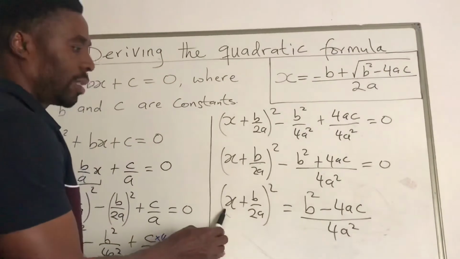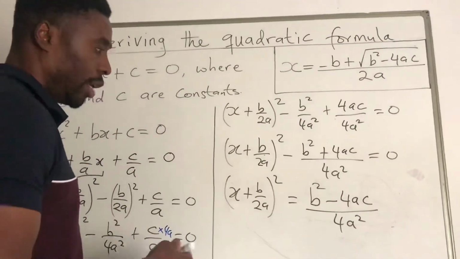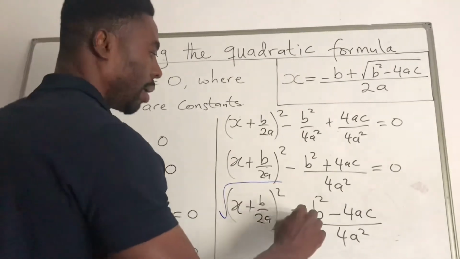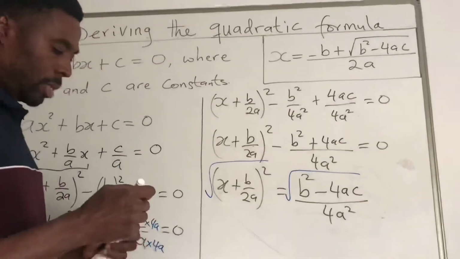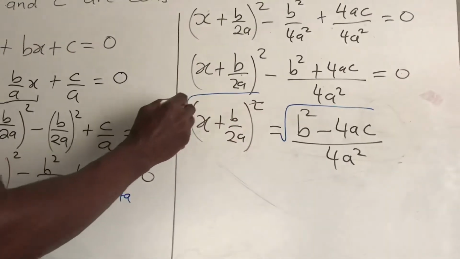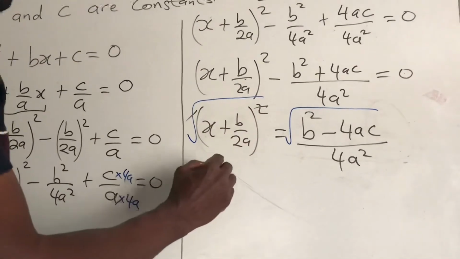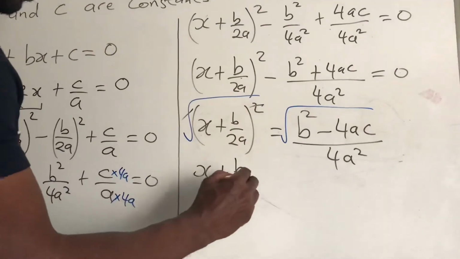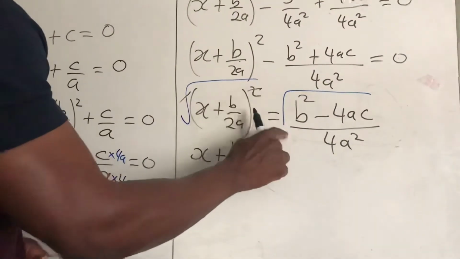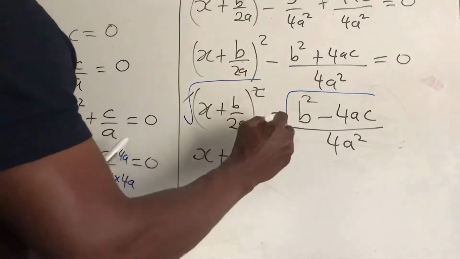Because we want to make x the subject, we need to take the square root of both sides. So square root here and square root here. From here, this square will cancel with the square root, and that gives us x plus b over 2a equals, this is a fraction, so this is the square root of the whole fraction.